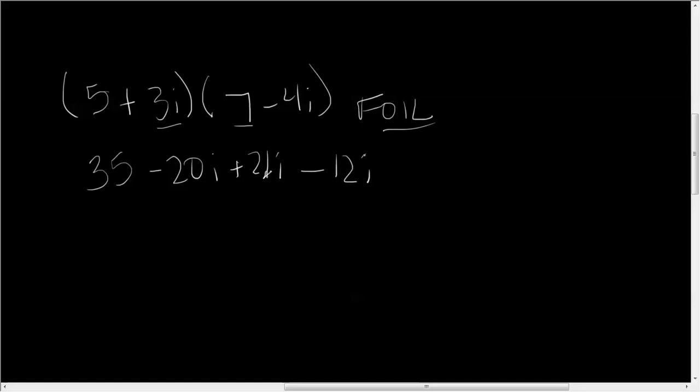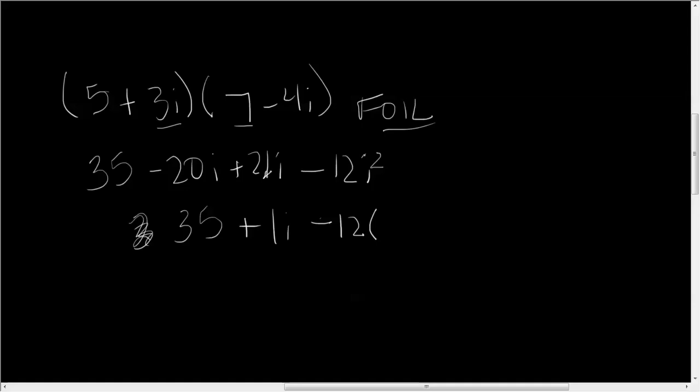What's a little different than what you used to do in Algebra 2 is that we know a few more things about i and i squared now. So this, 35, negative 20i plus 21i is plus 1i. And I have negative 12, and I have i squared. Well, in the beginning of this chapter, we talked about the quantities of i to different powers.